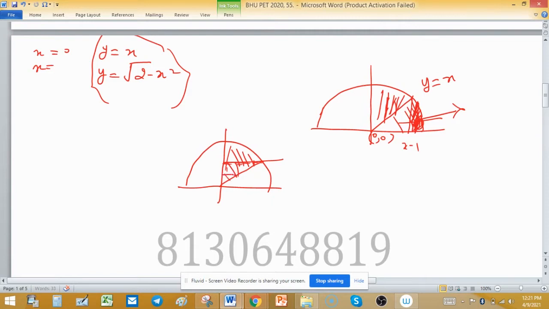so cut a strip along the x-axis, because when we take a strip along the x-axis, then the length of the strip changes as we vary from the y-axis to the x-axis, along the x-axis. So the limit of this is 0 to, at this line, because the strip is touching this line.